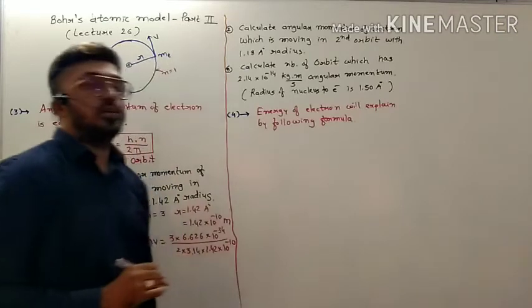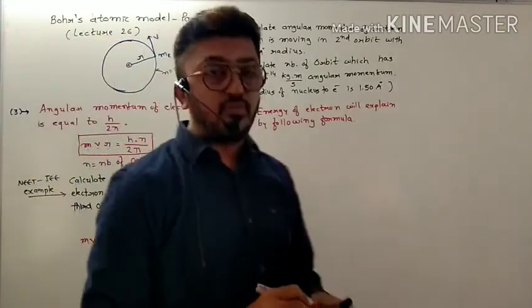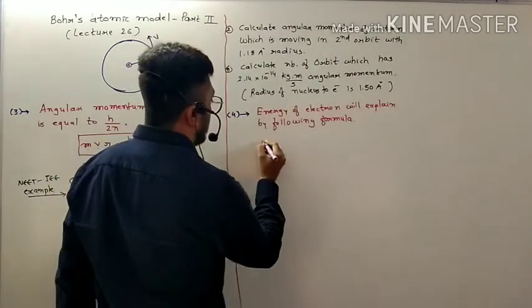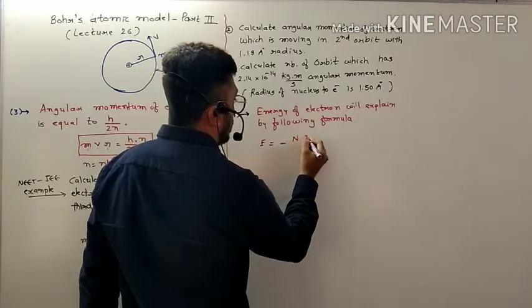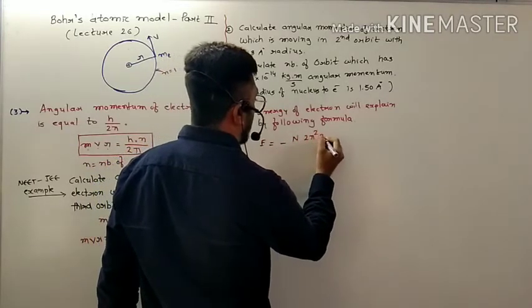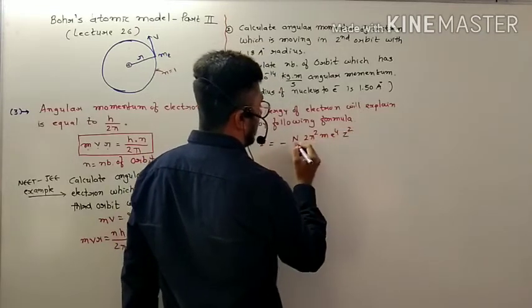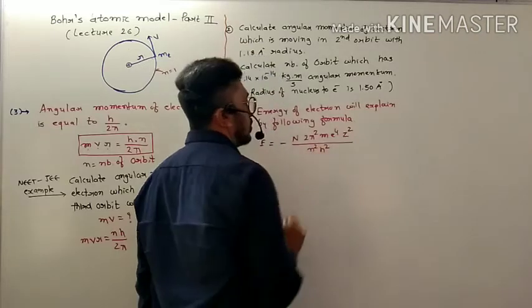We know that electron has energy, and how can we find this energy? So the formula is here, E is equal to minus 2 pi square m e raised to 4 z square upon n square h square.